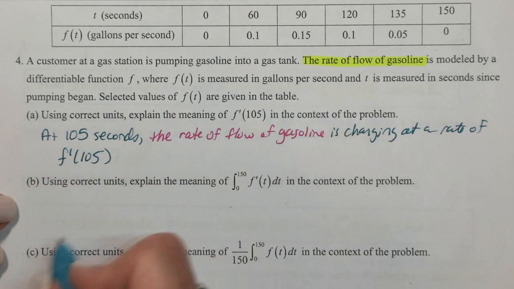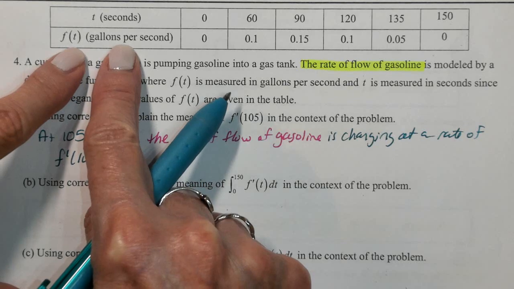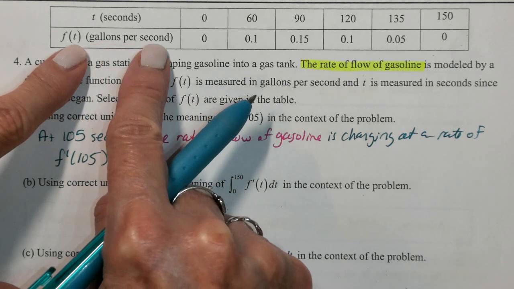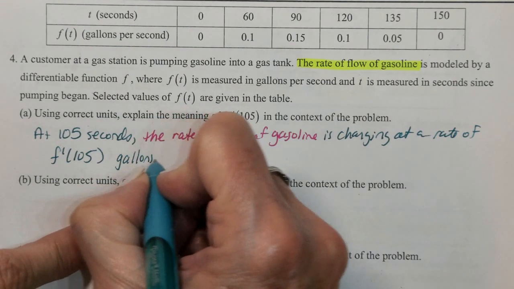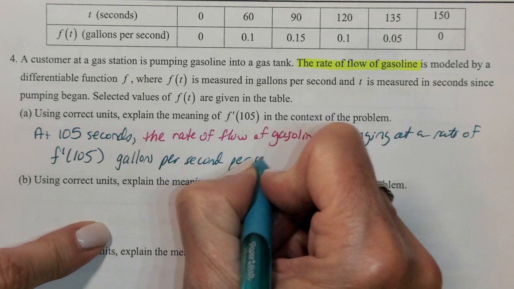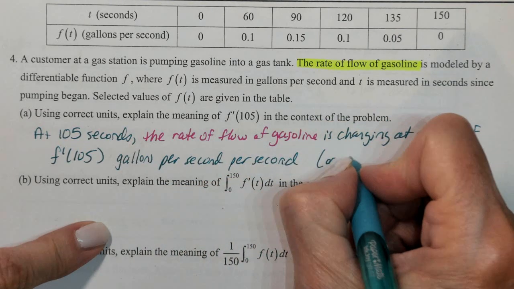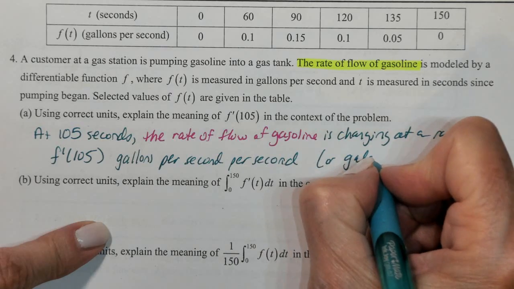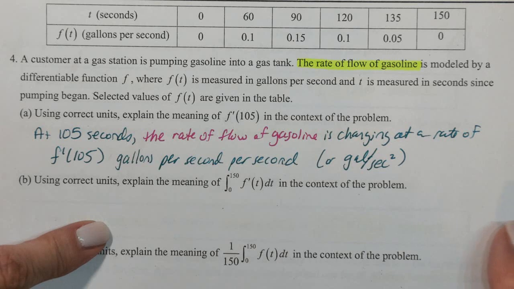Now units of f prime. f is gallons per second, so f prime will be gallons per second per second, or gallons per second squared. Okay?